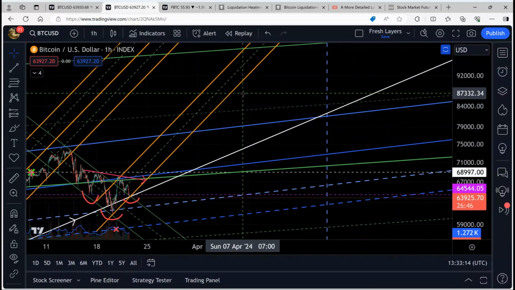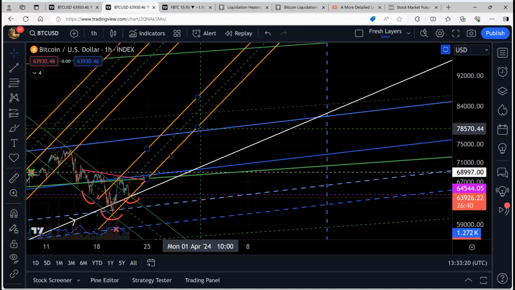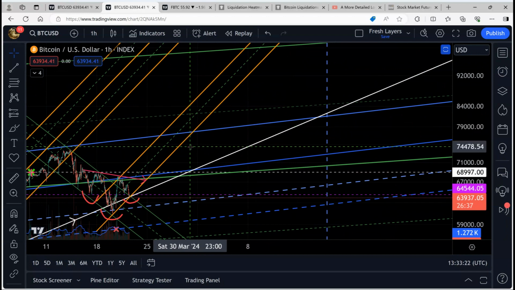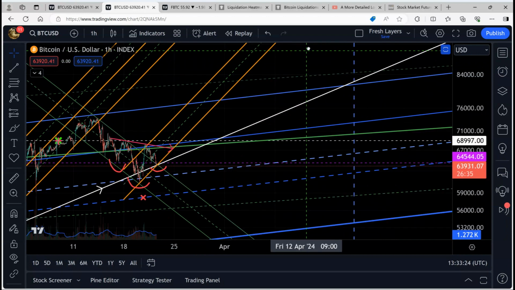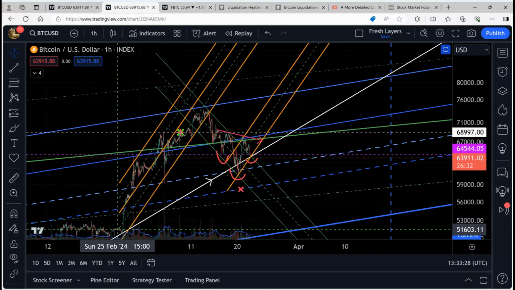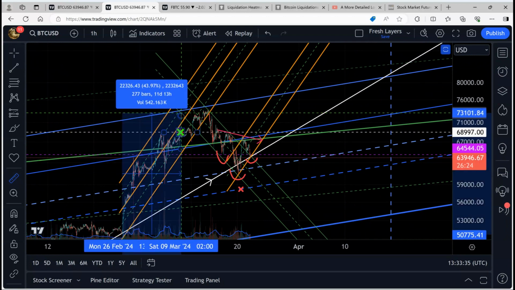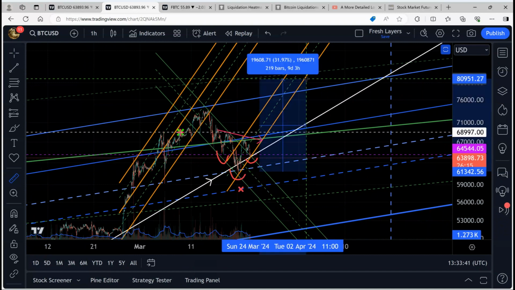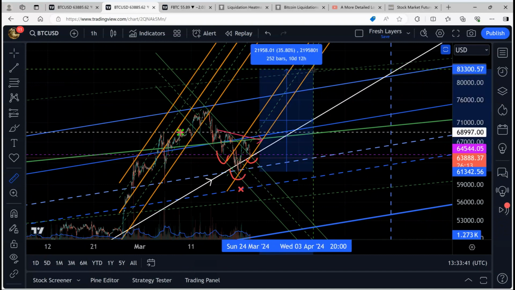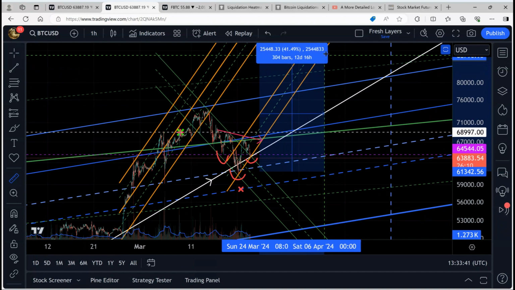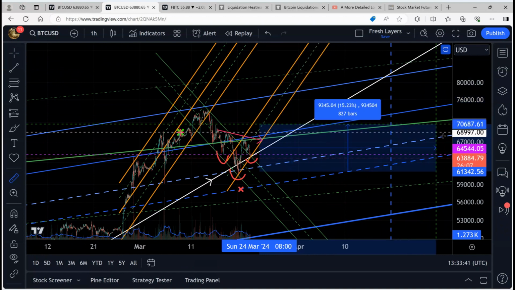So what should we expect to see? That's bringing us up into the 80s. If we did, in fact, it's off the chart actually.